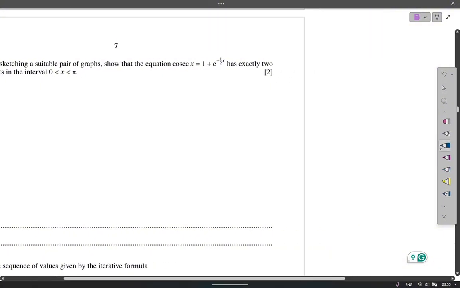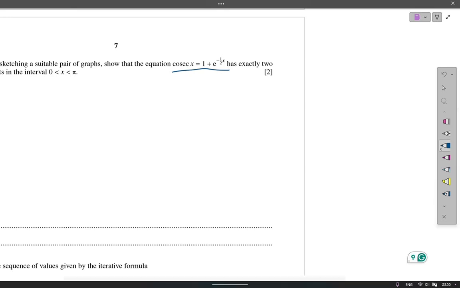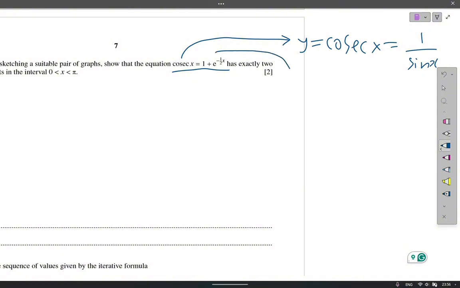So from this equation, we can get two equations for our graph. First one is y equals cosec x, which is just 1 over sin x. The second equation gives just this equation.